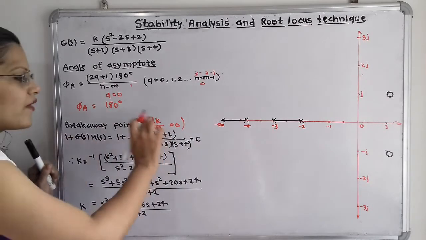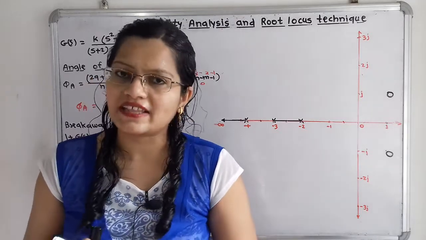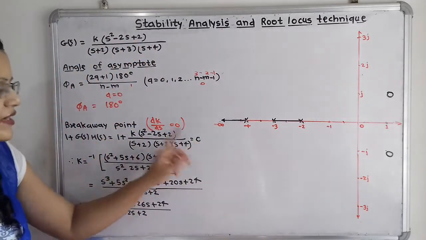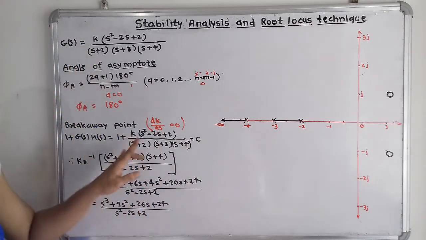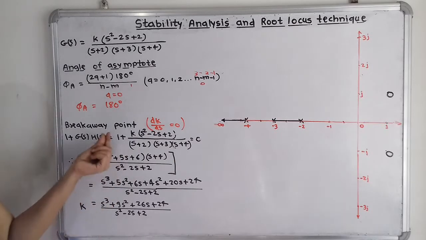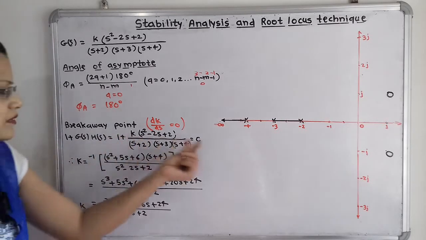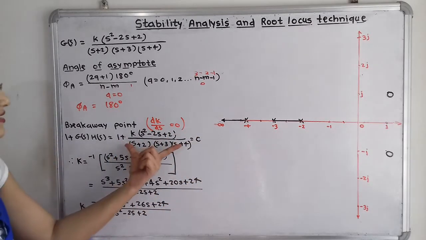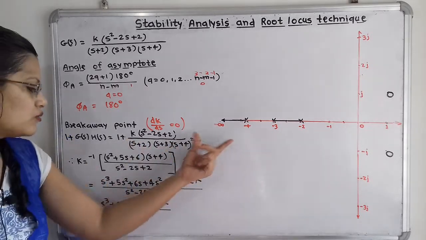Now how do we find the value of K? For that we take the help of this characteristic equation. For this characteristic equation we take the other side as 0. Now to find the value of K, I will transfer this 1 to the other side, so this plus 1 will become minus 1. Then I will transfer this denominator to the right hand side, so it will move to the numerator.